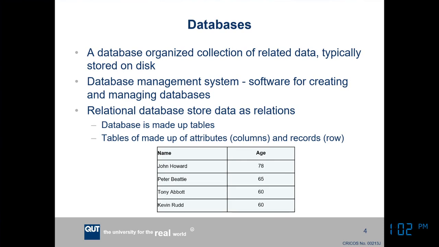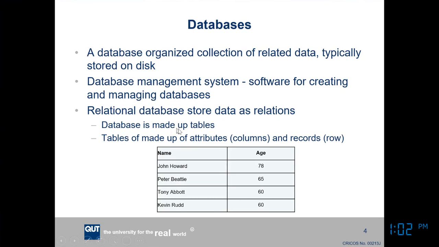Now, relational databases, which are a pretty dominant paradigm in terms of databases, store data as relations. So the database is made up of these tables, and these tables describe how specific attributes relate to something. This particular example here is rather old. Australia's had about 20 new prime ministers since then, but you get the basic idea.